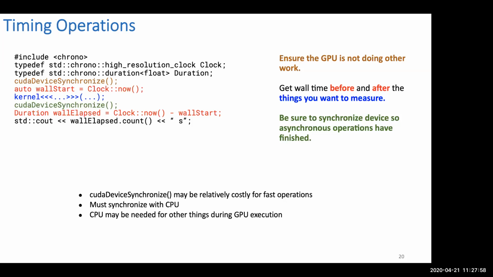It may prevent certain GPU operations from being overlapped, which previously were overlapped, which might change the performance of your code. And the other thing is that the CPU may be doing something else in your application during the GPU execution, and so you are not easily able to use it to measure the time while the GPU kernel is running. So for any of these reasons, this approach, though simple, might not be a great one.